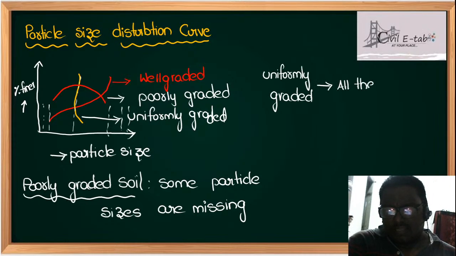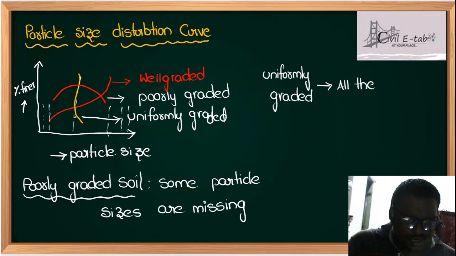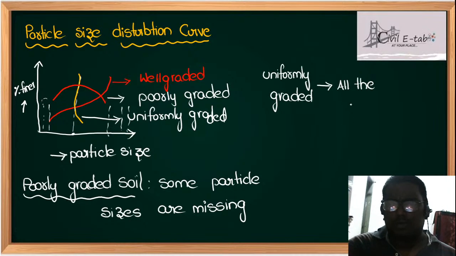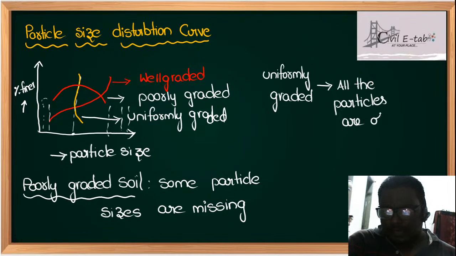By looking at the graph, if you draw a straight line, all the particles are of the same size. In poorly graded, some particle sizes are missing, and that is why it is called poorly graded.